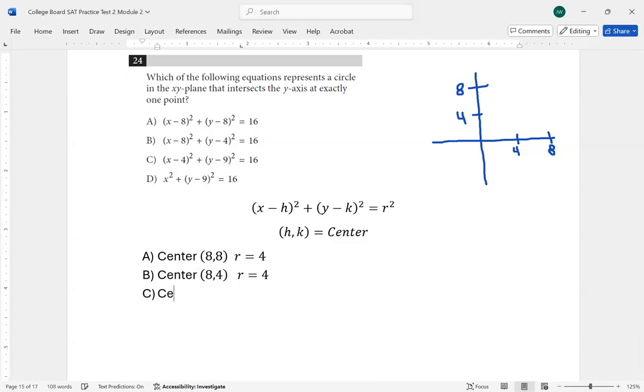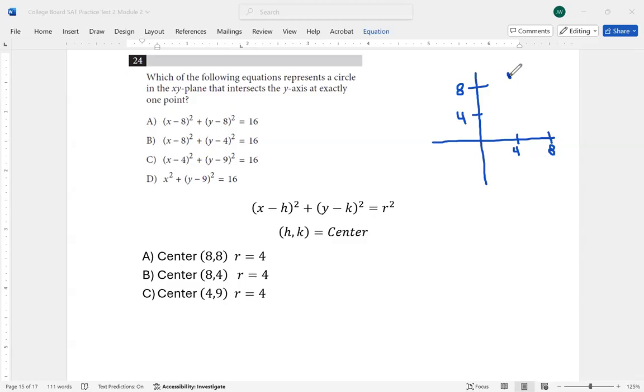Option C, well, the center is going to be at x value of 4, y value of 9. Radius is 4. And if you think about where this is going to be, it's going to be at 4, 9, somewhere up here.